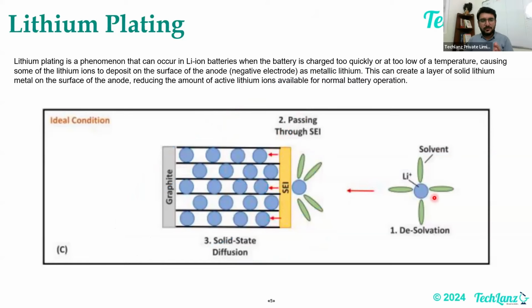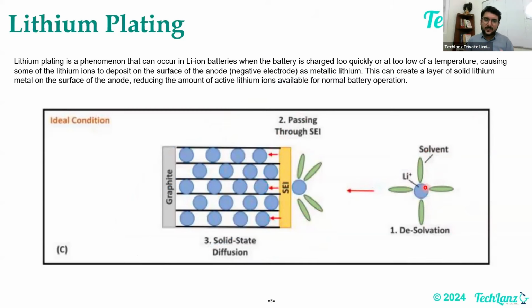So when the ions are passing in your electrolyte, they are passing from the cathode towards the anode during your charging process, right? During the charging process, the ions travel from cathode to anode. And what happens?